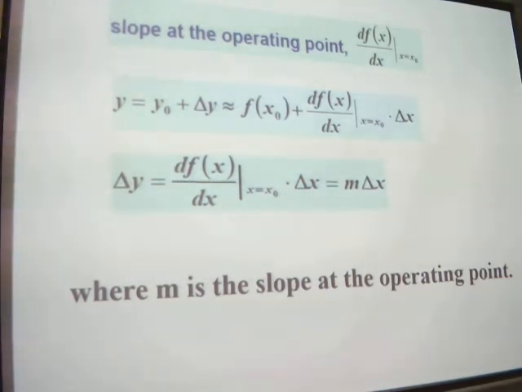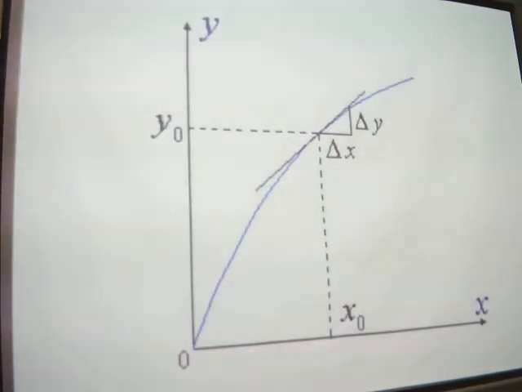This slope we can say is the differential of this function at this point. y equal mx, the slope, otherwise delta y equal m delta x.